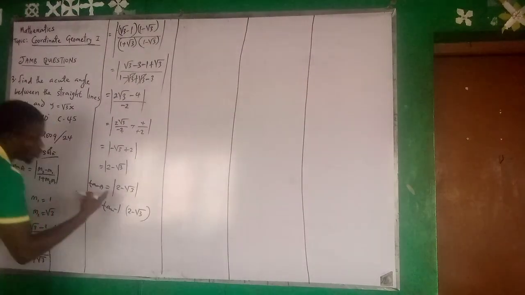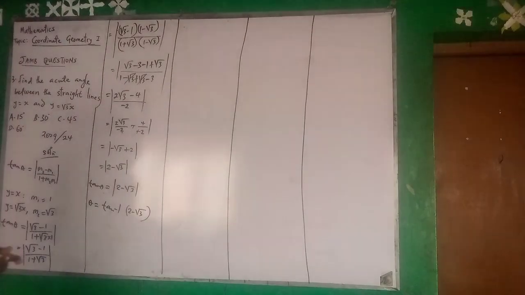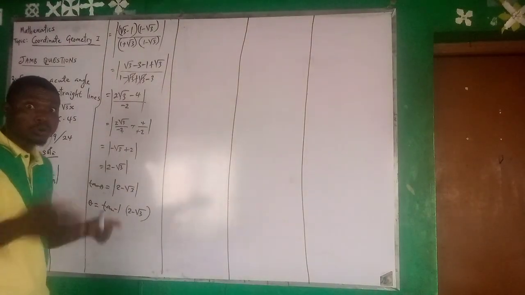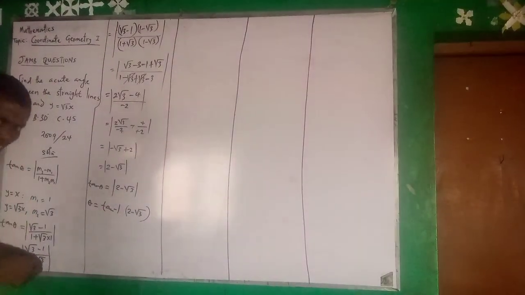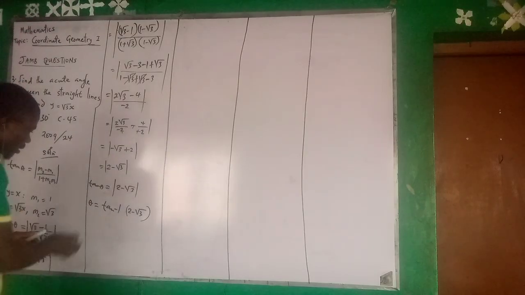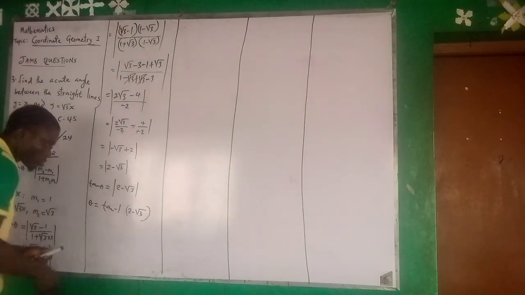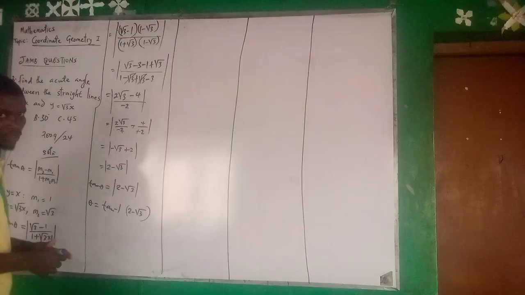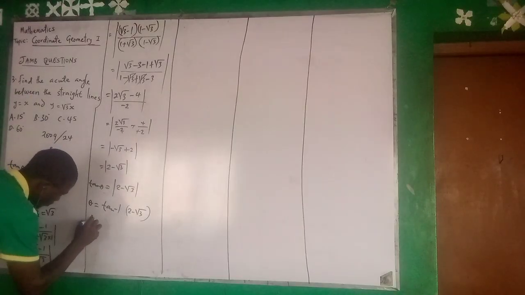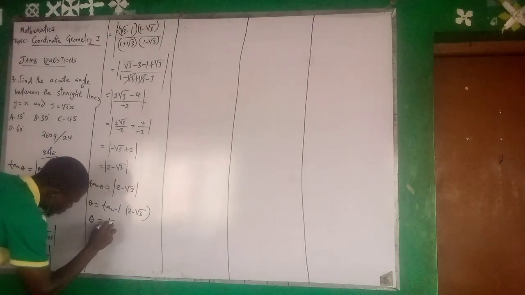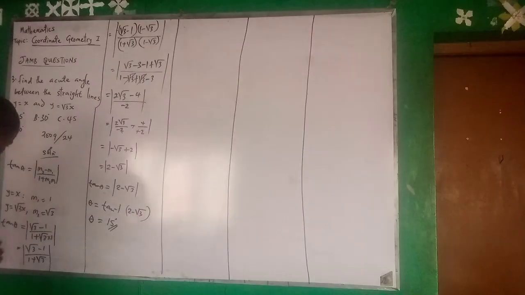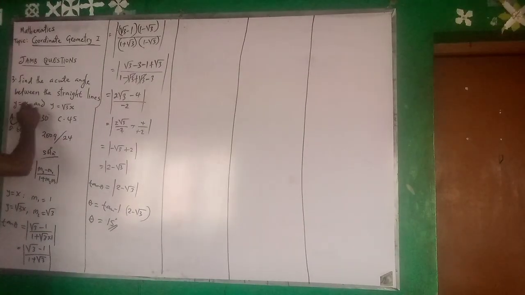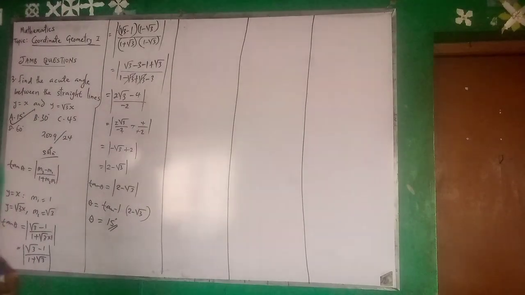Of course, you know that 2 minus root 3 is not negative, so there is no need for the absolute value because it's not a negative number, right? Use a calculator, press tan inverse of 2 minus root 3, you get 15, right? So theta becomes 15 degrees. And that is option A.